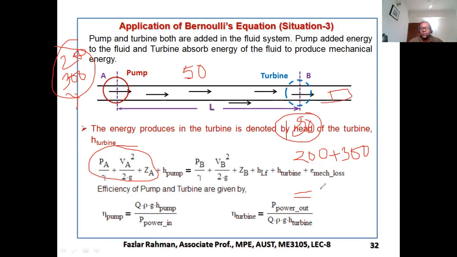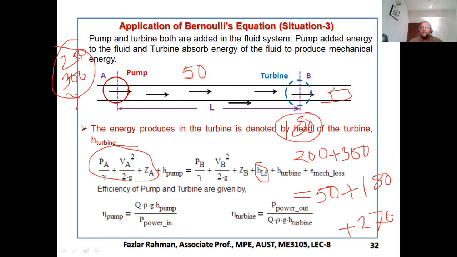So you count, on the road you lost 50. That means this is frictional head loss. This is h_L. And at the gate, your other friend, that means the turbine, is taking 180. So total 230. So 500 minus 230 is 270. This much candy you can take home.